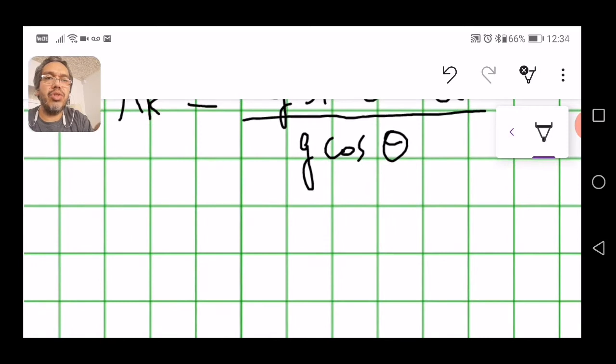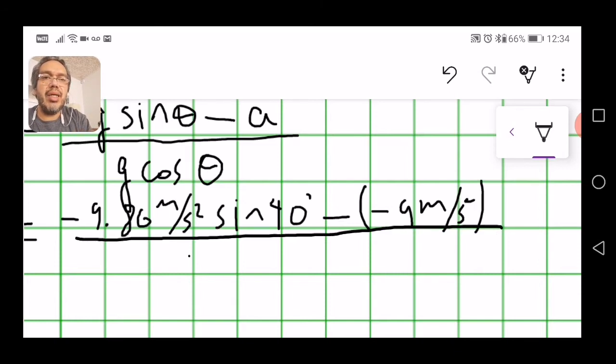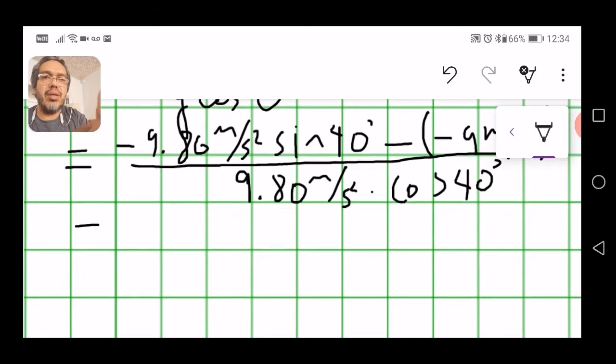Making the proper substitutions, that turns into negative 9.80 meters per second squared sine of 40 degrees. Now careful with this, you have a double negative, minus negative 9 meters per second squared, all of it divided by 9.80 meters per second squared cosine of 40 degrees, and you can plug that in into a calculator, and the final result is 0.360.